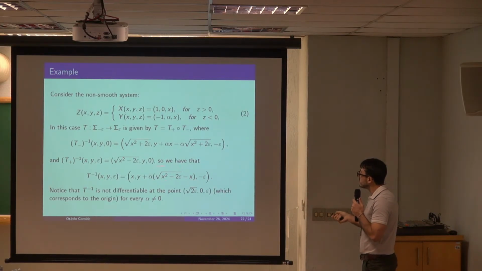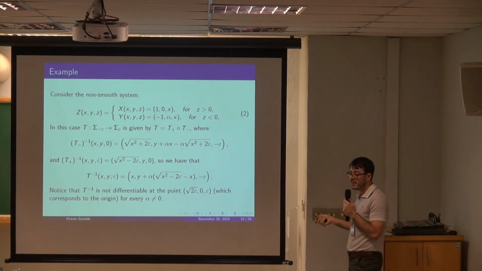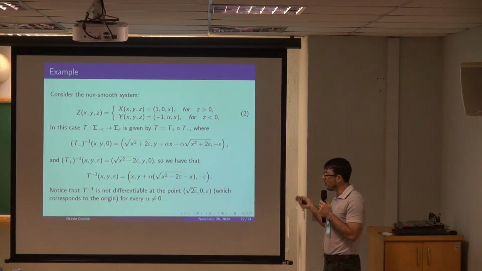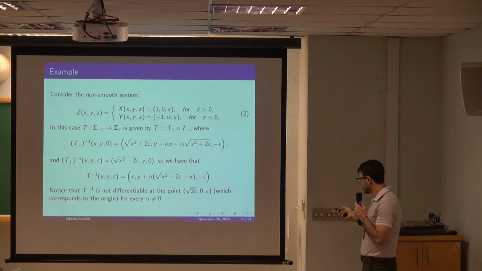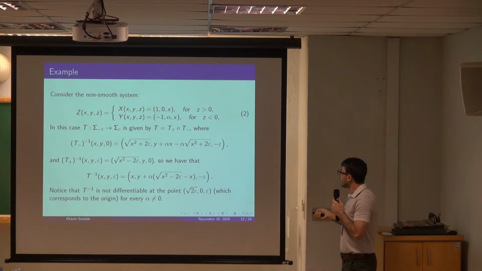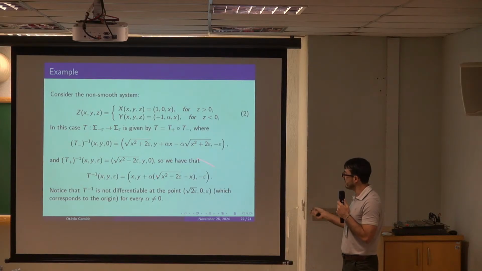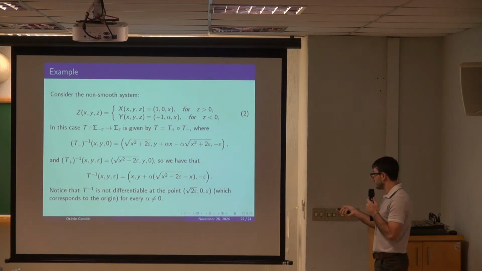This map is not differentiable at this point. If alpha is different from 0, it is not even differentiable. Nevertheless, if alpha is 0, this term will disappear, and we have a diffeomorphism, actually the identity.